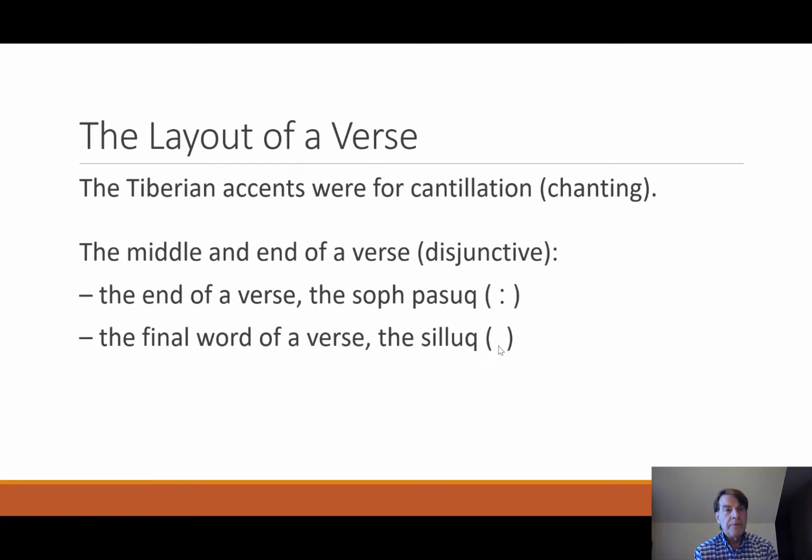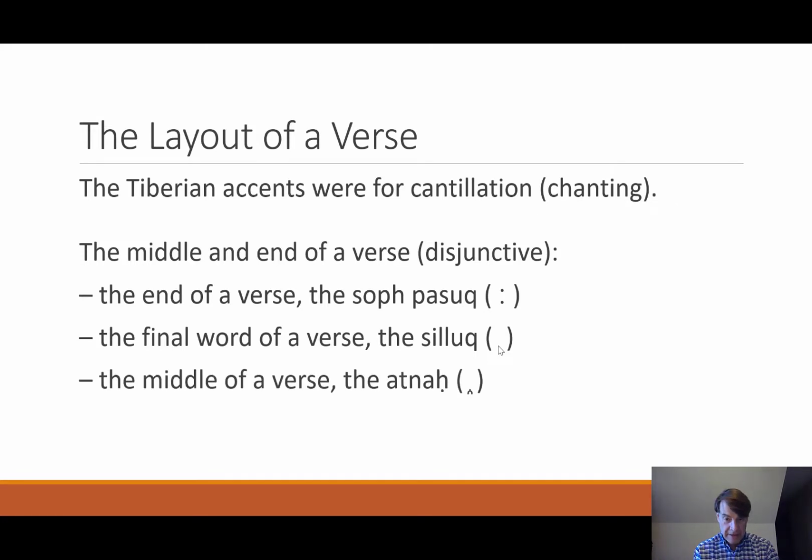Sometimes the final word of a verse will be in what's called a pausal form, which lengthens some of the vowels, as I recall. So it's definitely worth knowing what the sof pasuk is at the end of the verse, and then the saluk is the accent usually at the last word of a verse.